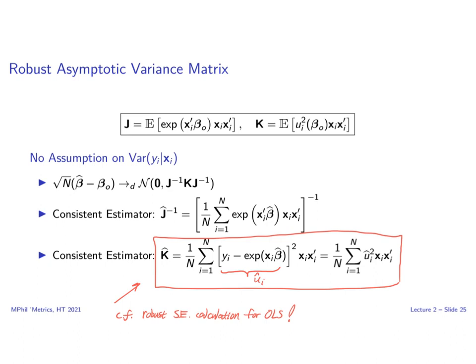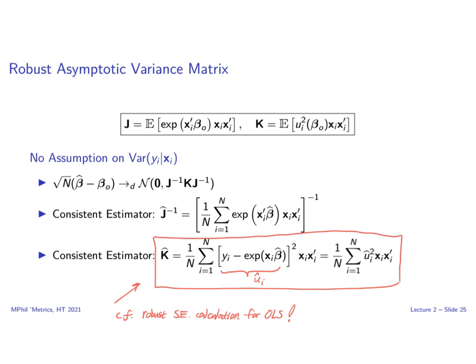So if we want to think about these three possible assumptions that we could make, the robust asymptotic variance matrix on this slide, which has us estimate j, k, and j to construct an estimator j hat inverse, k hat inverse, j hat inverse, this sandwich form of an asymptotic variance-covariance matrix, this is the safest assumption.